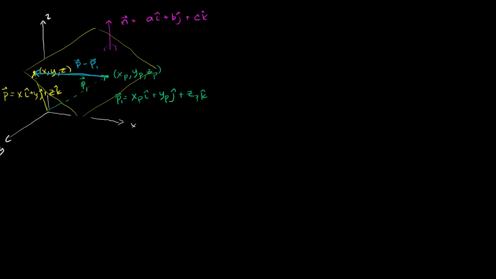But before I do that, let me make sure we know what the components of this blue vector are. So p minus p1, that's the blue vector. You're just going to subtract each of the components. So it's going to be x minus xp i plus y minus yp j plus z minus zp k.